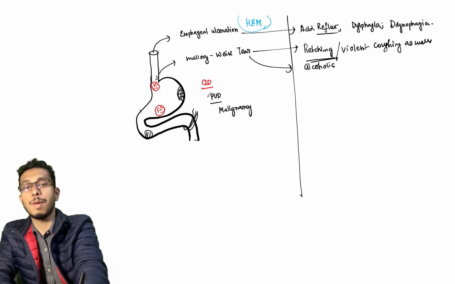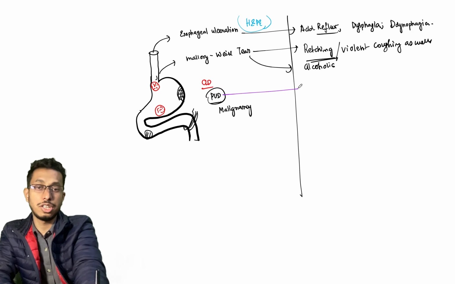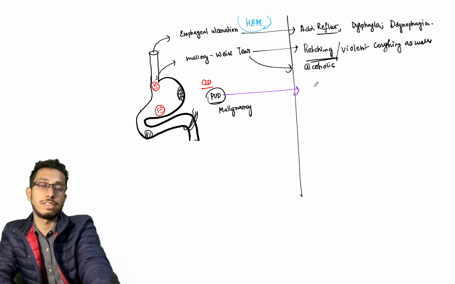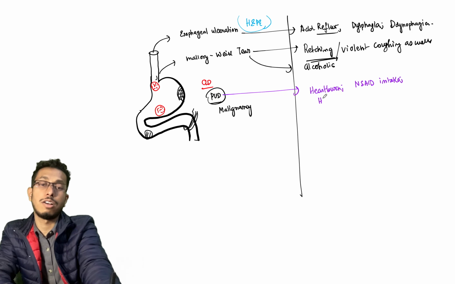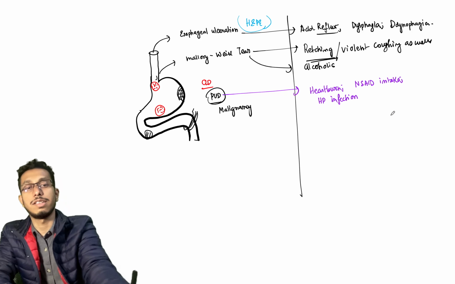Now, if there is peptic ulcer disease, you know there are mainly two types of peptic ulcer disease. So what is the initial symptom that will signify peptic ulcer disease? There will be history of heartburn, might be associated risk factors like history of NSAID intake or stigmata of H. pylori infection can be present. And once you suspect peptic ulcer disease, you need to ask about the relation with food.